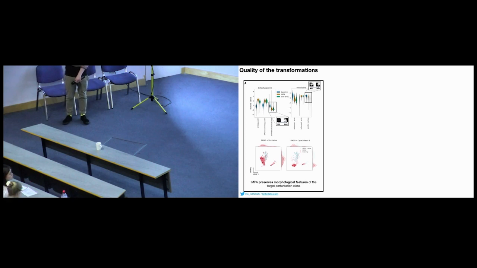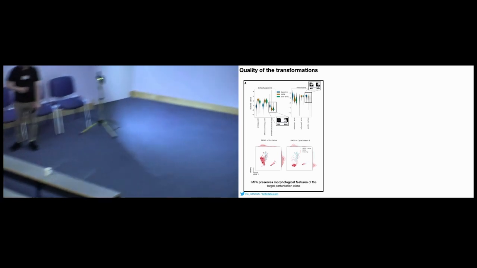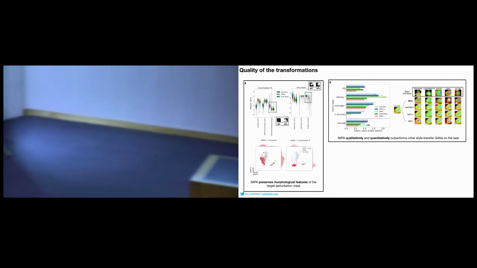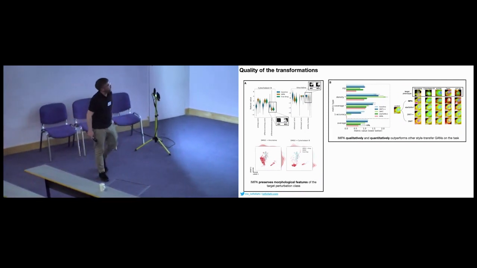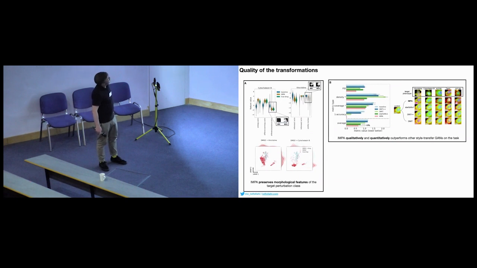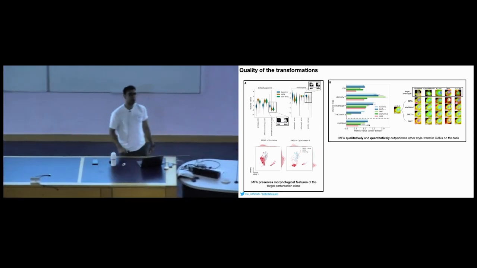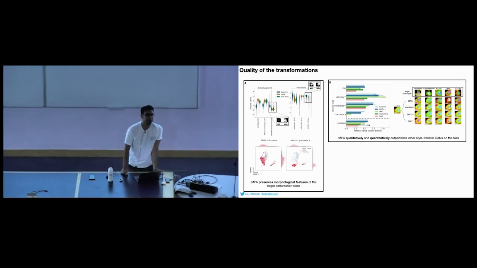What you see here is we generated cells for drugs that we haven't seen, and then we looked at the CellProfiler features and compared the distribution of these features versus the ground truth features. In the second row, I think it's not super clear, but the dark red versus the light red are aligning on top of each other. That's basically the in silico generated versus the real ones at the CellProfiler feature level. Hope that answered your question.